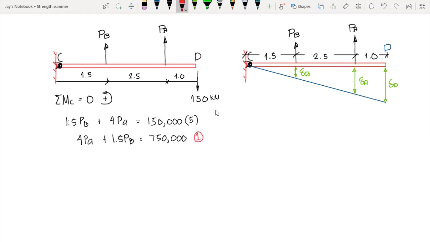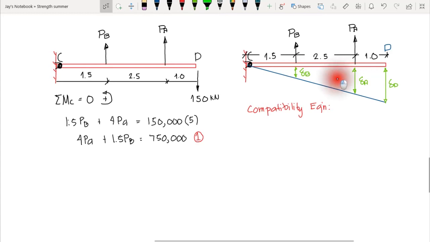Okay? So how are we going to create our equation number 2 in this problem? Again, we cannot sum up forces vertically since we have a vertical reaction at C. So we need to come up with a compatibility equation by just looking at this deformation here.